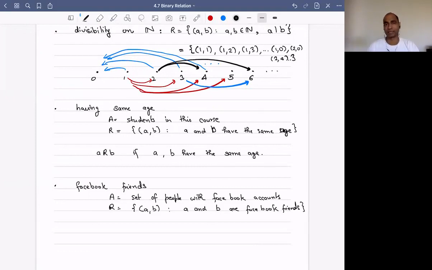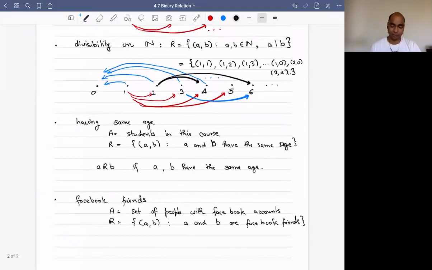This is a valid example of a relation, and you would say A is related to B if they are friends on Facebook. So these are some examples of relations. Oh, I made a mistake in one of the previous examples. In divisibility, 1 divides 1, 2 divides 2, 3 divides 3, and so on. So I should actually also have these loops in here. Sorry about that. So these are examples of binary relations.